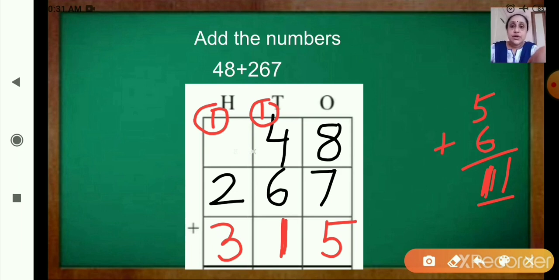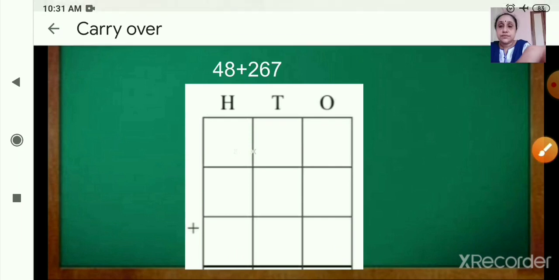Got it? Did you get this number 315 after adding these two numbers? So 315 is the total. It is the answer. Done. Okay. You have also finished? Good.